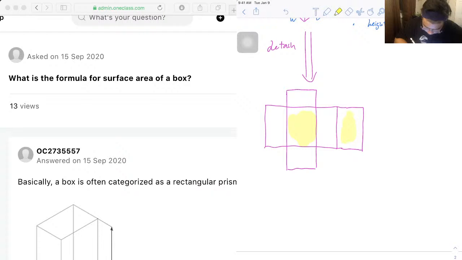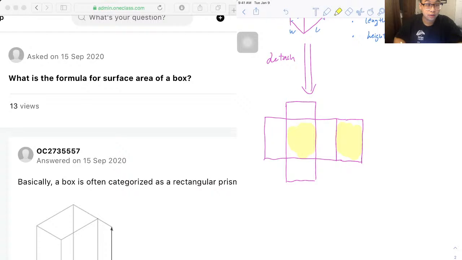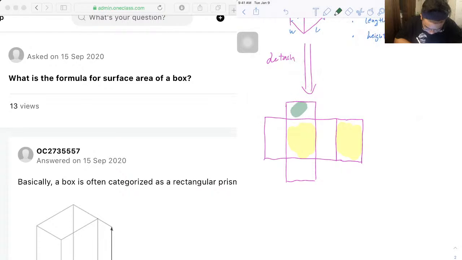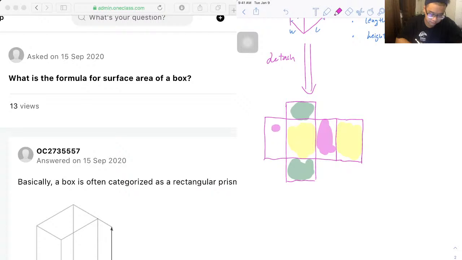So these two faces have the same area, and these two have the same area, and these two have the same area. So let's just give a number for each. So let's say this 1, 1, and 2, 2, and 3, 3.